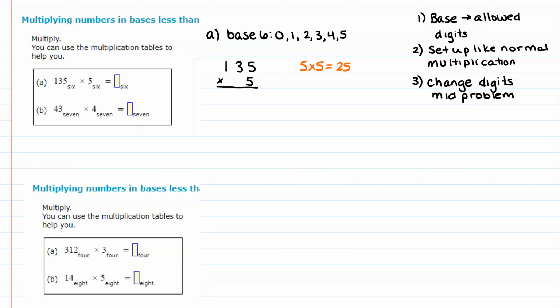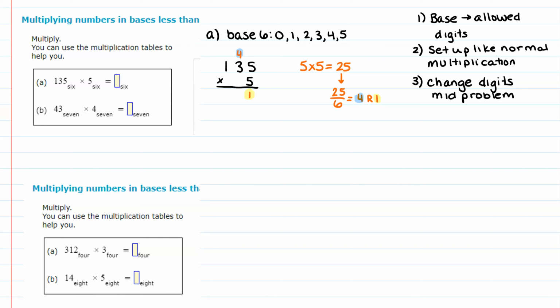So I have to convert this to base 6 by doing 25 divided by 6. So 6 goes into 25 4 times with a remainder of 1. So now this 1 is going to go here as a 1. And then the 4 has to be added at the end of the next move.